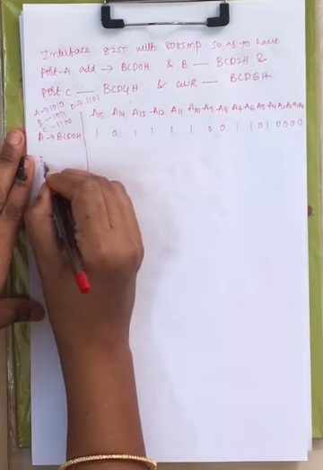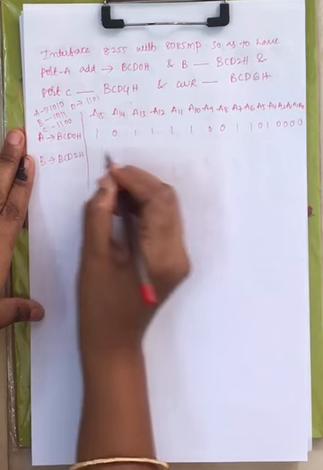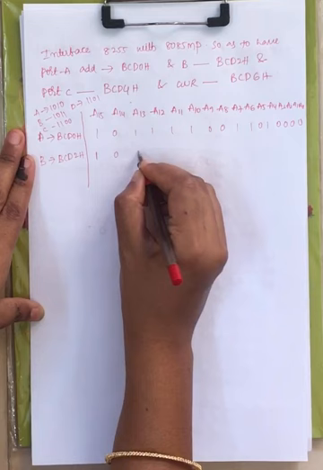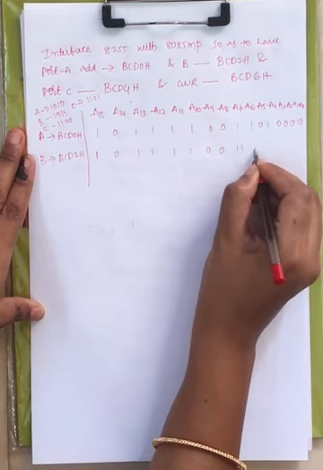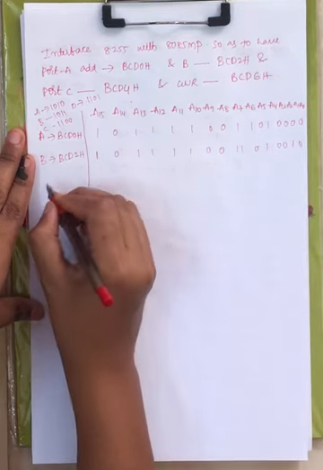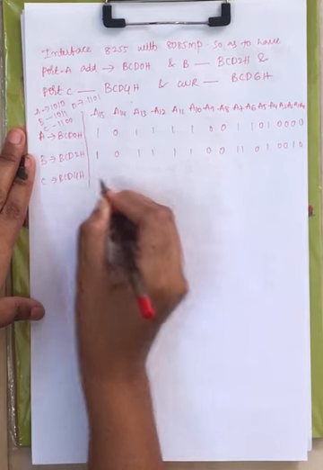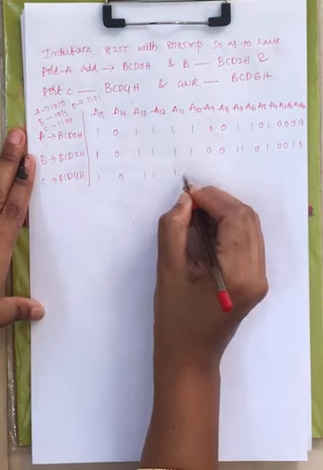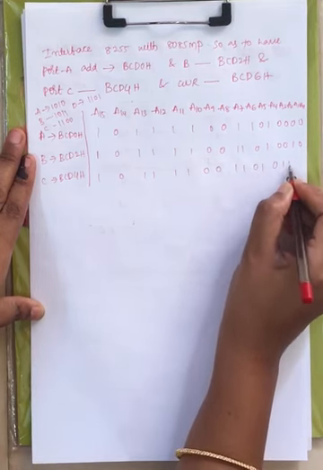Now port B address should be BCD2H, that is 1011 1100 1101 0010. Port C address should be BCD4H, that is 1011 1100 1101 0100.